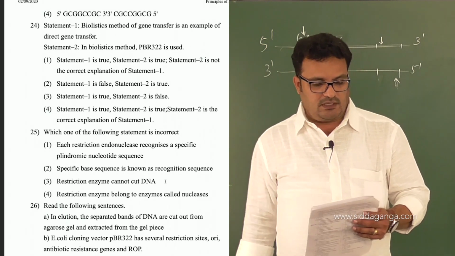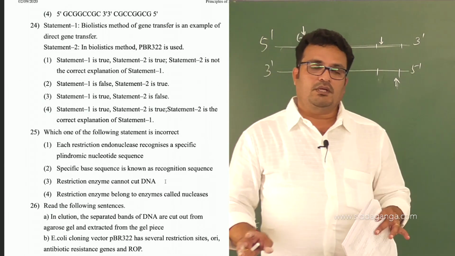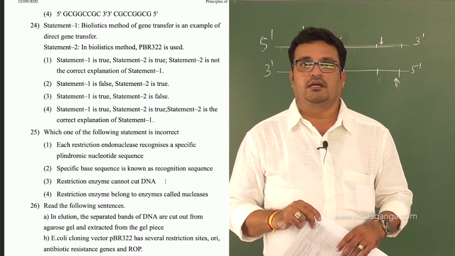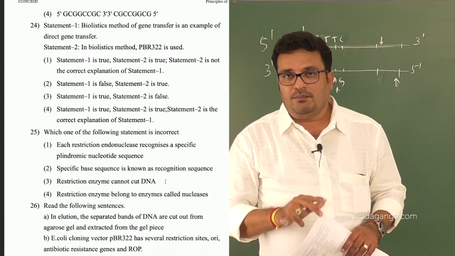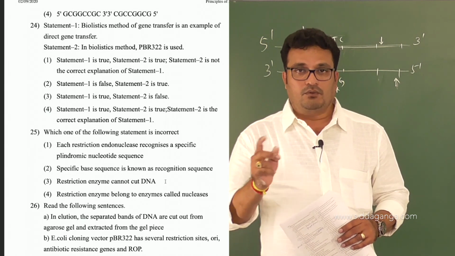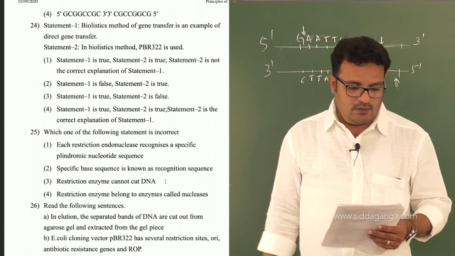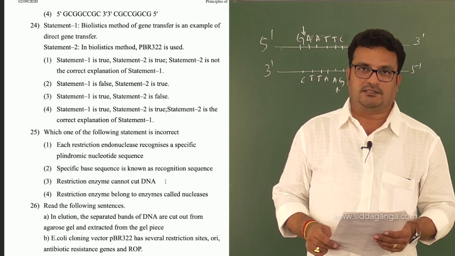But the second statement says that in the biolistics method, pBR322 is used. No, here it is a gene gun method. I told you the plant cells are bombarded with high velocity particles like gold or tungsten coated with DNA. So statement 1 is true, but statement 2 is false.